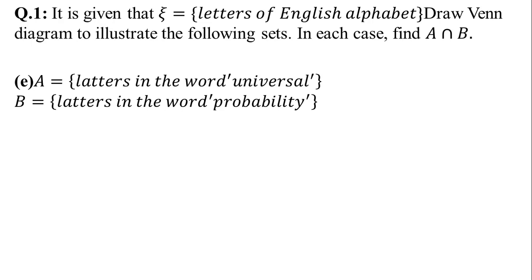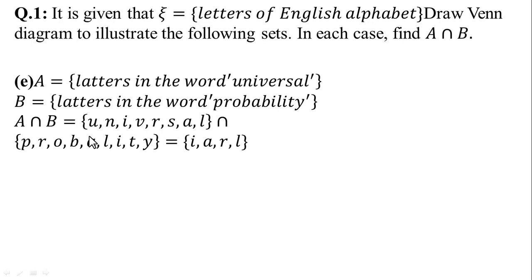Now we take A intersection B. First of all, we write A intersection B is equal to the elements of A, that is U, N, I, V, E, R, S, A, L, and intersection the elements of B, that is P, R, O, B, A, B, I, L, I, T, Y. Now taking the intersection, the common elements are I, A, R, L. Now draw the Venn diagram.